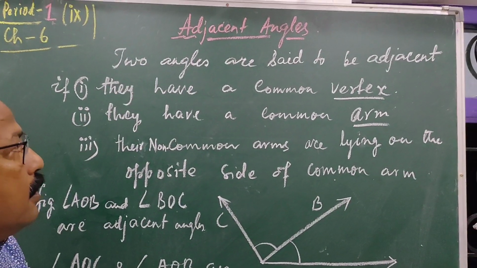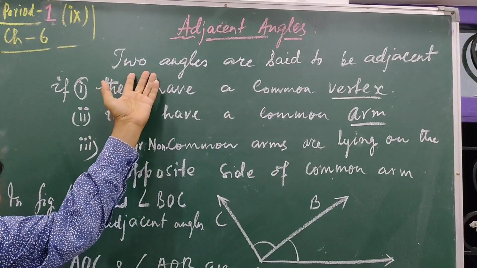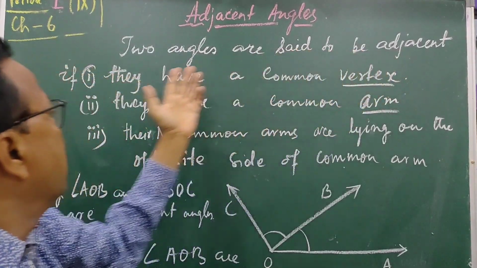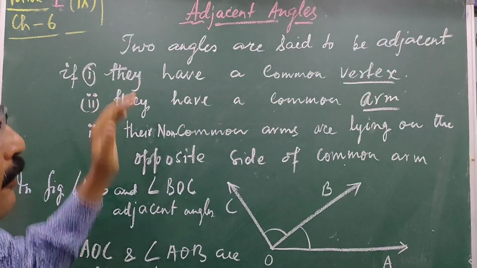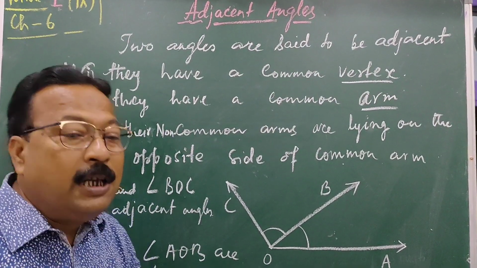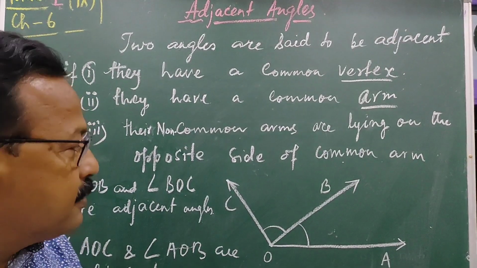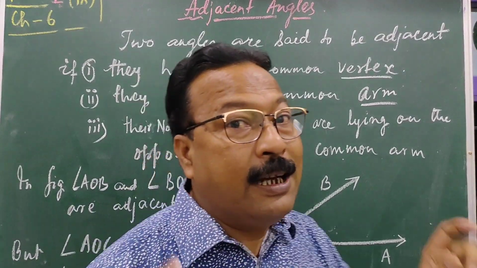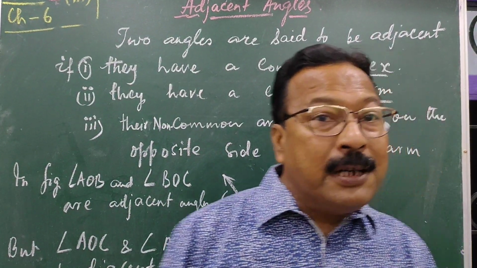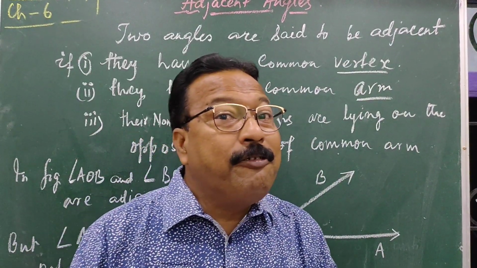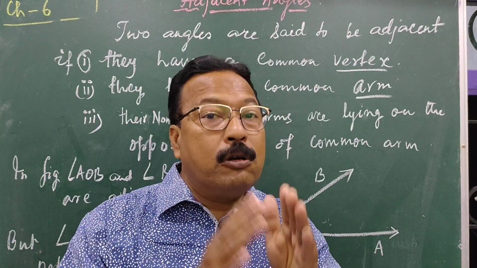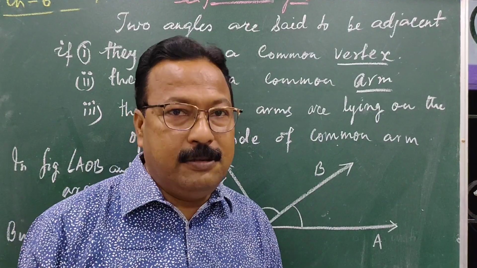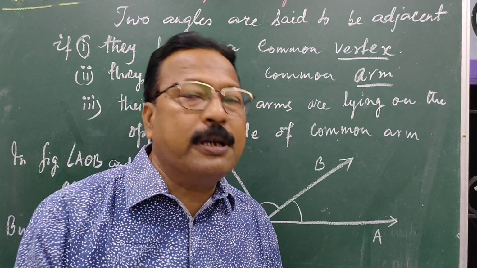Now we take adjacent angles. First of all, two angles are said to be adjacent if they have a common vertex, if they have a common arm, and the non-common arms of the adjacent angles must lie on opposite sides of the common arm. This is the third condition, the most important one.